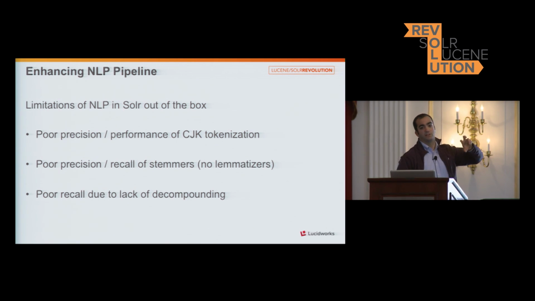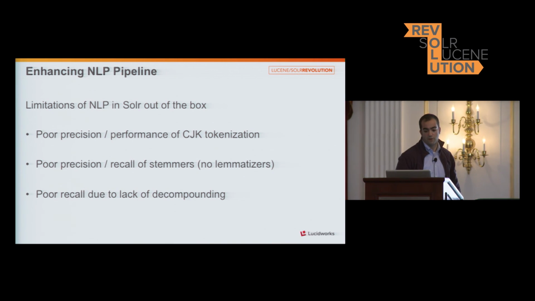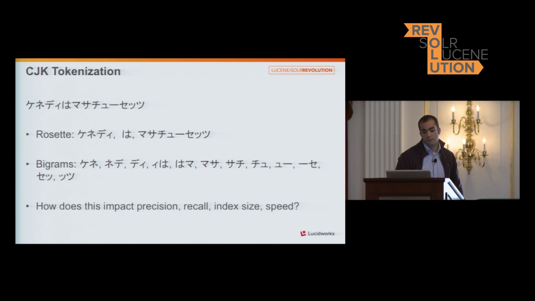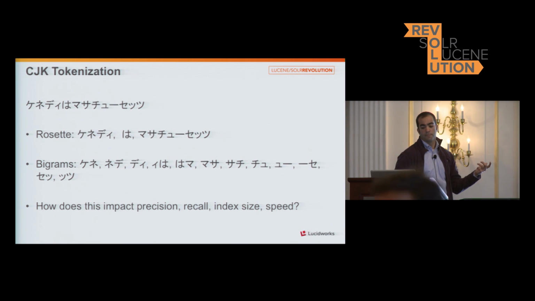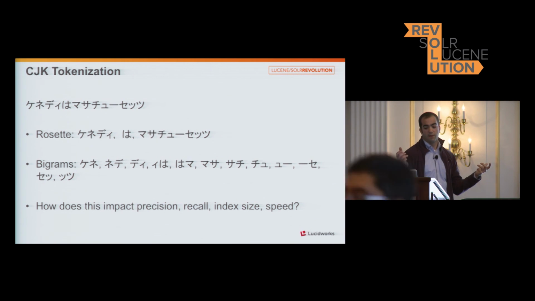My company deals in those hard problems and offers products, including Solr plugins, decompounding also. Here's an example of CJK where Rosette will break a piece of Japanese into tokens properly, whereas one of the options for CJK tokenization is just bigramming. And you can imagine how that impacts precision.